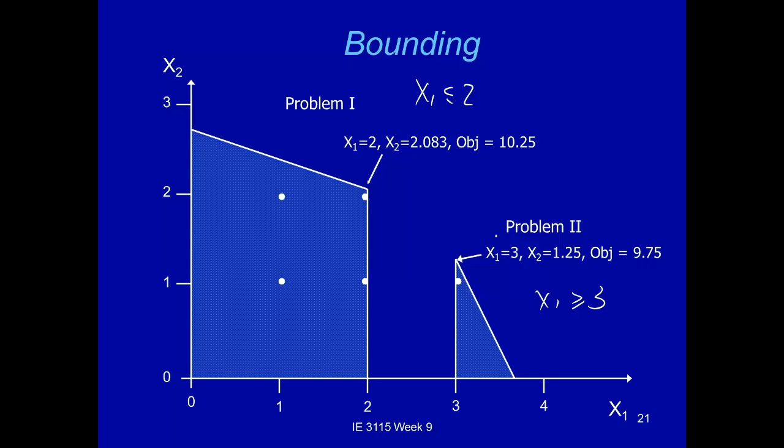So comparing these 2 problems, we can continue to branch them. Okay, so which one should we branch? We can do both, but if I ask you to choose one to branch, which one should you go first? Problem 1. Why? It's larger. The objective function is better.